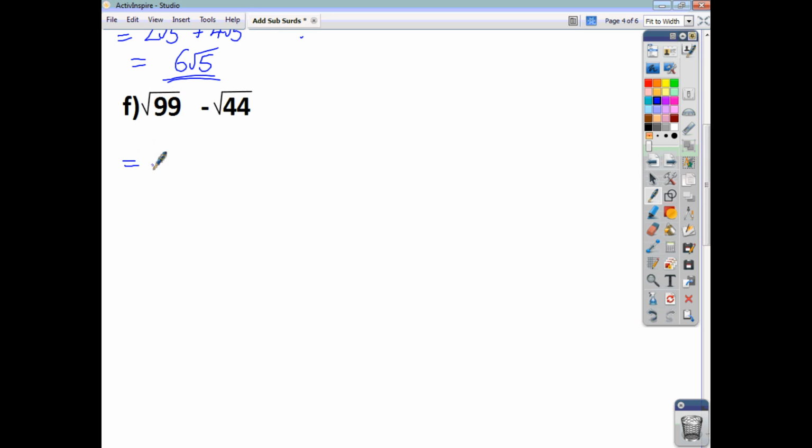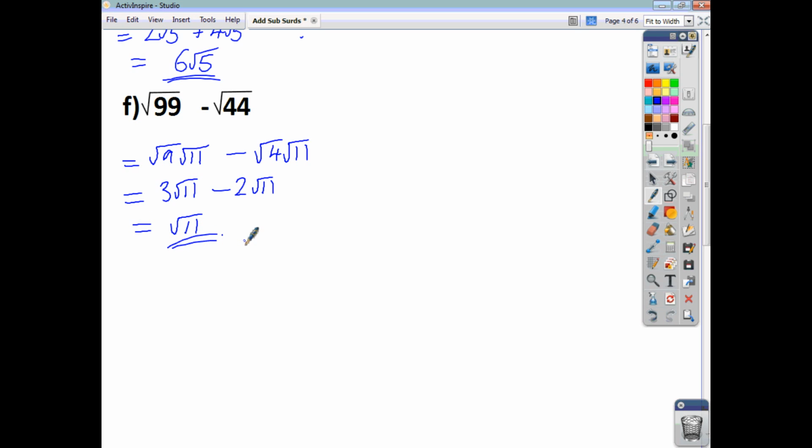Let's have a look at this question. Think of square factors of 99. Well, 9 goes into it, so root 9 times root 11. And square factors of 44, you have 4, so root 4 times root 11. Break that down, simplify, you get 3 root 11 minus 2 root 11, which leaves you with 1 root 11, or just root 11 if you like.